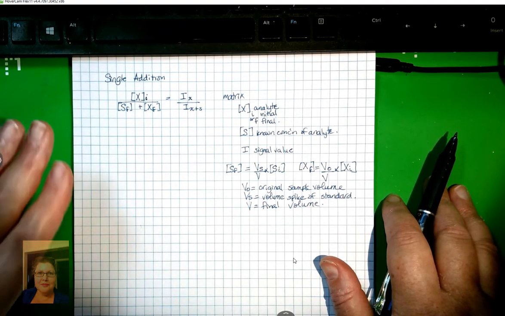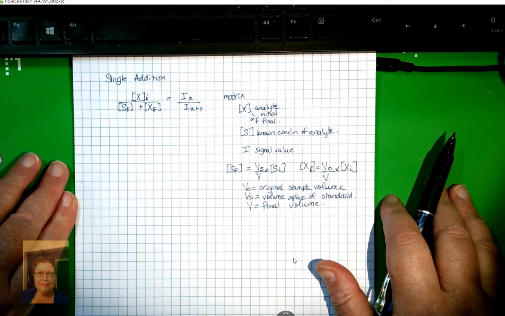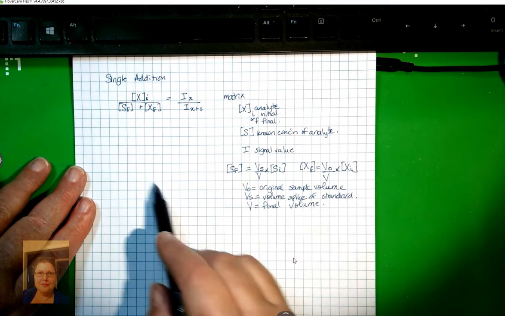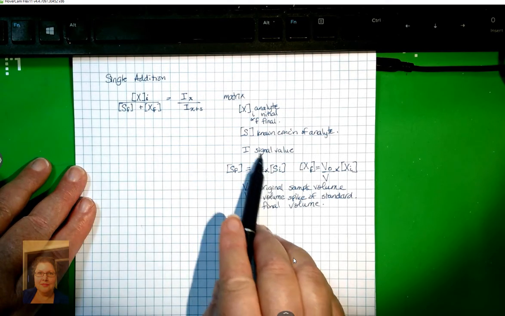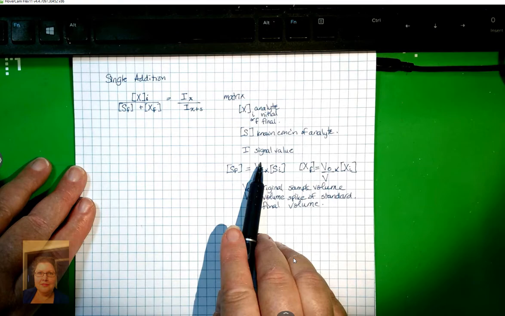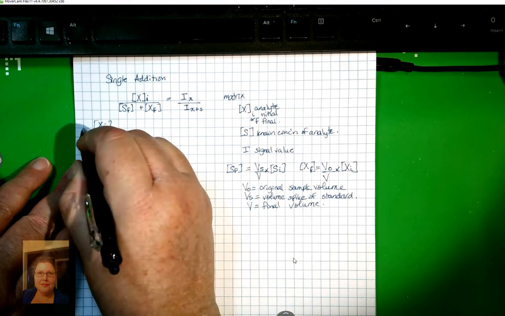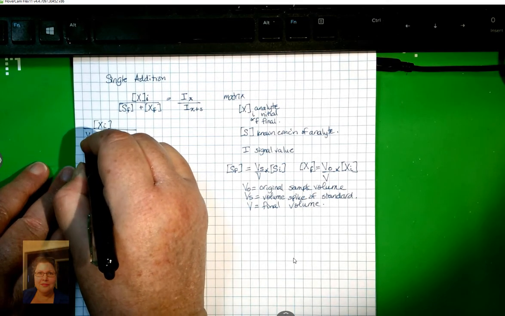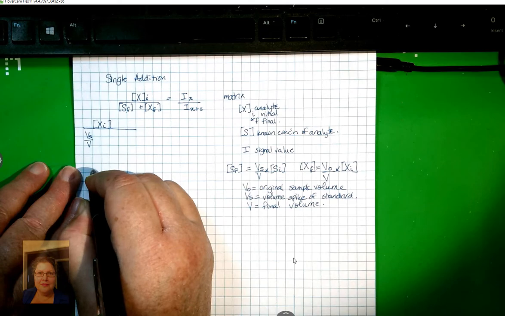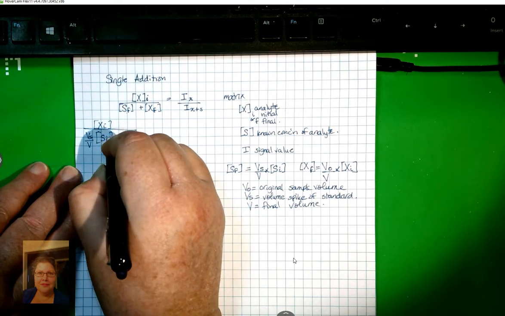So this derivation is really so that we can use a spreadsheet more effectively. So what we're going to do is substitute in terms of these two based on the original amounts. So I know my Xi has not changed. This one has changed. It's the volume of the spike over the total volume times my concentration of my initial standard.